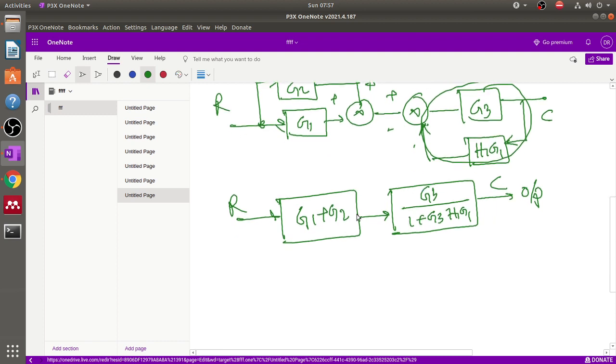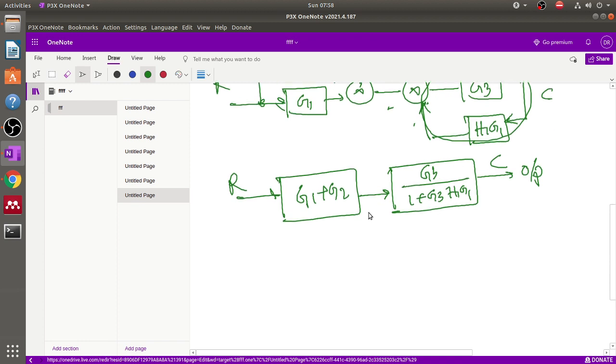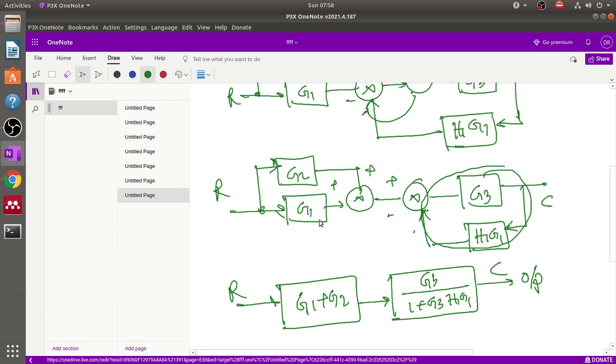Now what will we do? This is basically the series rule. We apply the series rule here and get the output C by R, because these two signals are G1 plus G2, and from here we apply the unity feedback system.